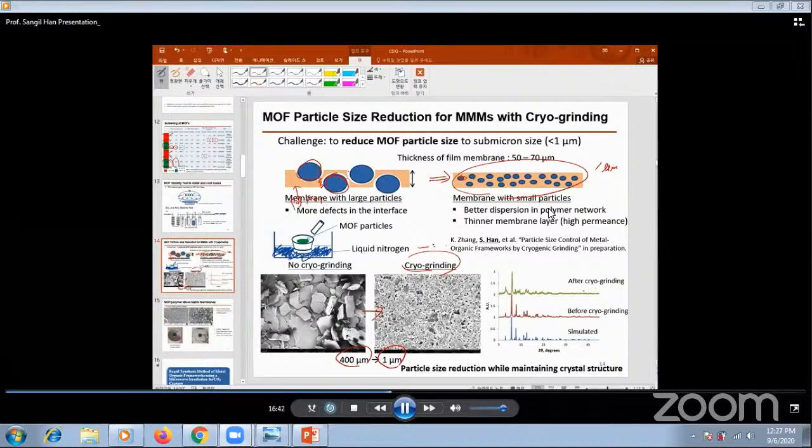As you can see, compared with this simulated reference XRD pattern, the pattern is all maintained even after cryogrinding. So there is no difference before and after cryogrinding. That means even after the particles are ground, the crystalline structure is still there. But if there is no liquid nitrogen, just grinding, all XRD peaks will disappear.